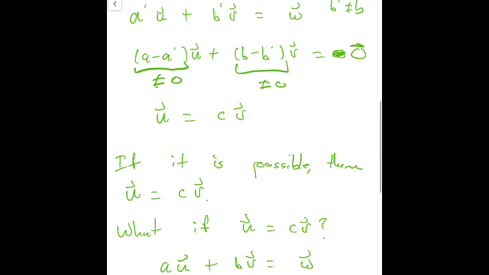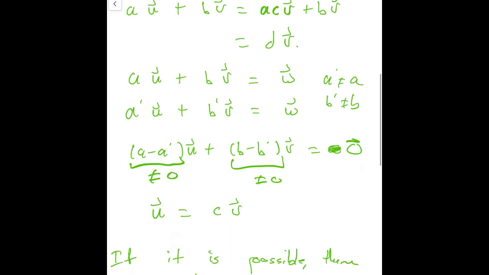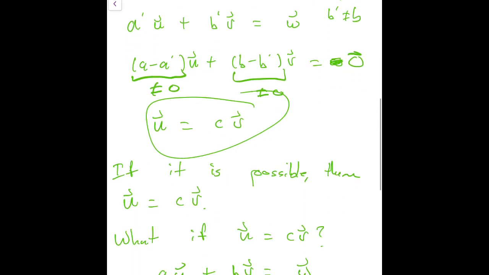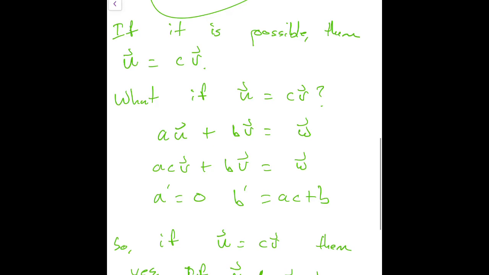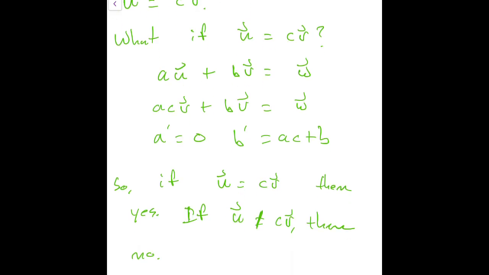Because if the answer is yes, then the first part of the argument here tells us that U is equal to CV. And the second part of the argument tells us that if U is equal to CV, then the answer is yes. So together, the answer is yes if and only if U is a multiple of V. So if U is not a multiple of V, then the answer is no.